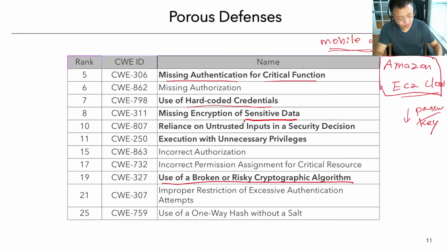Okay, so for crypto, the number one rule of crypto is never reinvent the wheel, which is a very bad idea.